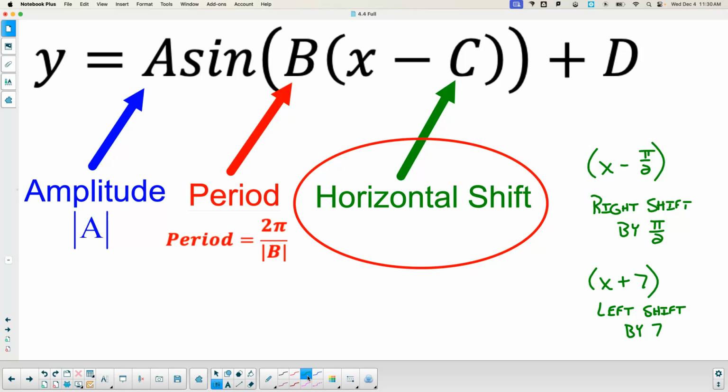So now, if there's a C value, that is the start. That's where your function is going to start. Which is why it's important to know that we got to think oppositely on that one.